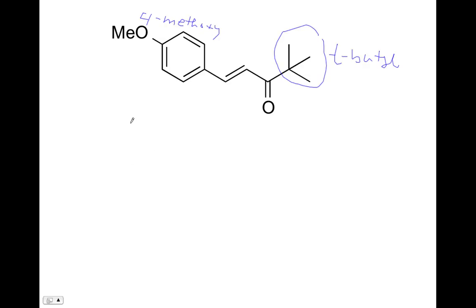When you put this together, it will simply be t-butyl, 4-methoxy chalcone. Since the methoxy is on this side, we don't have to put a prime. It's without the prime. So those are the two ways that we've learned to name the chalcone: one the IUPAC way, and the other one common name so far.